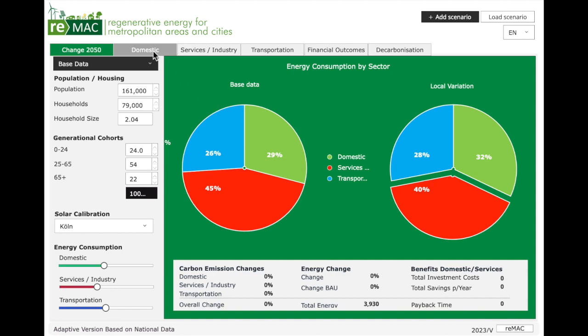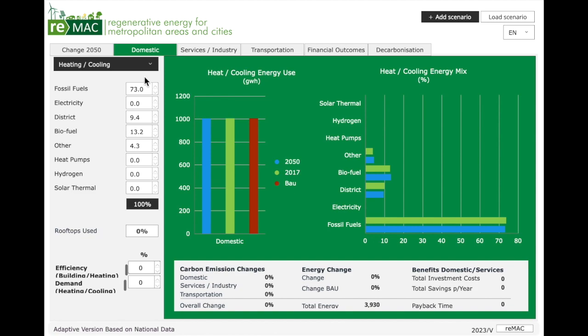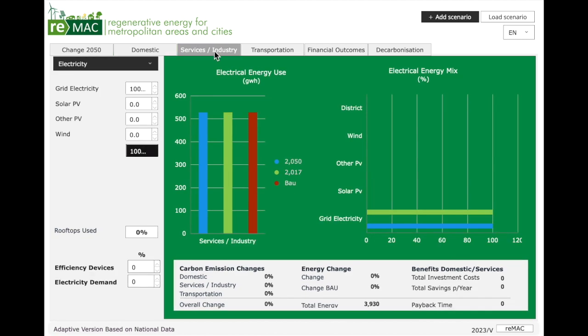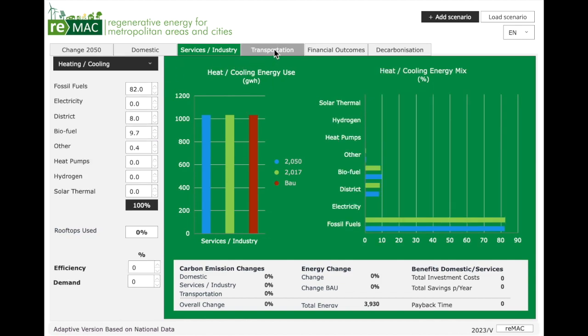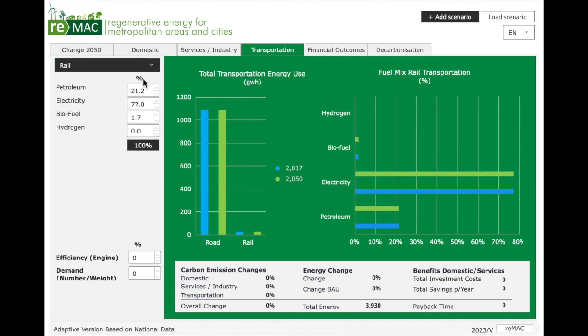These are the domestic sector, with electricity, heating, cooling, the services industry sector with electricity and heating, cooling, and the transportation sector with road transport and rail transport.